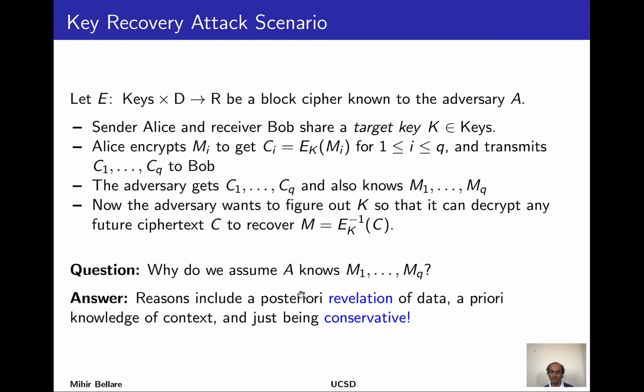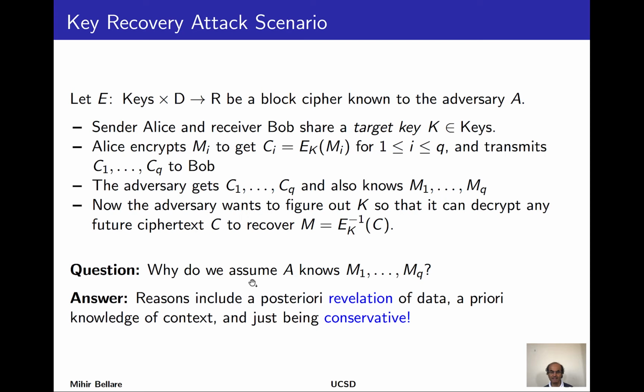But later it figured it out. Why? Because actions were taken based on the data. For example, the data may have been, let's have a meeting tomorrow at 10 a.m. The adversary didn't know that, but it was an important meeting, and after the meeting took place, everyone knows it took place at 10 a.m. So now the adversary knows what the message was.